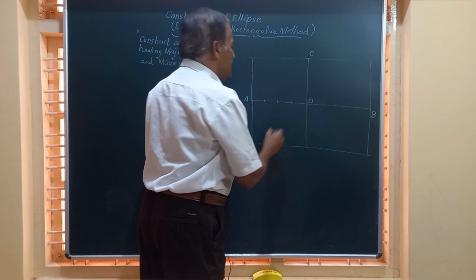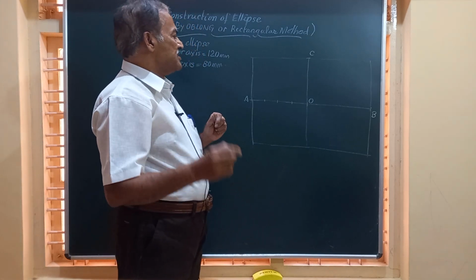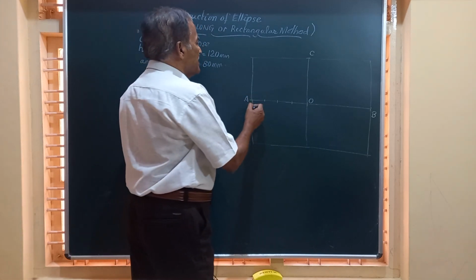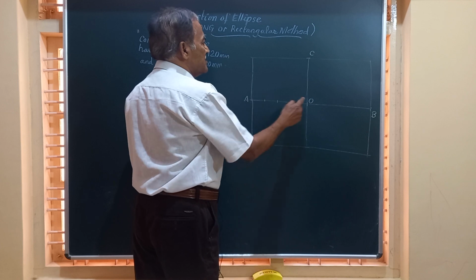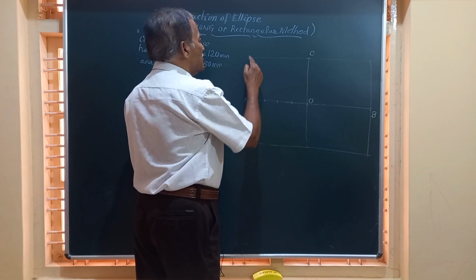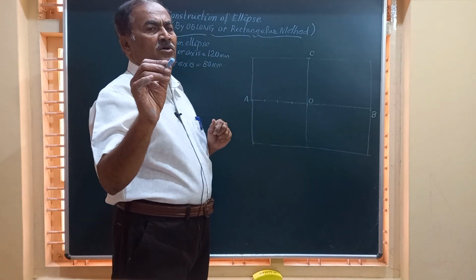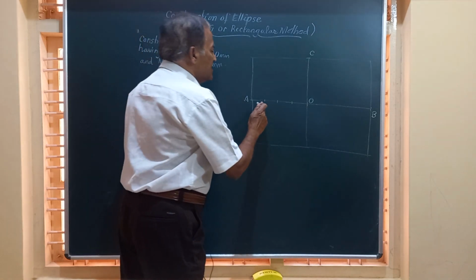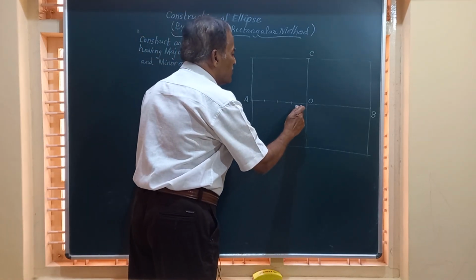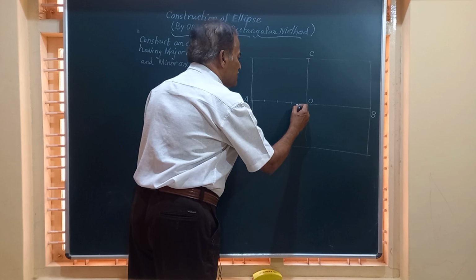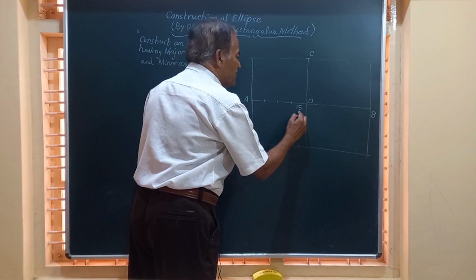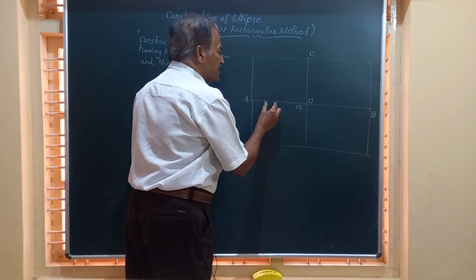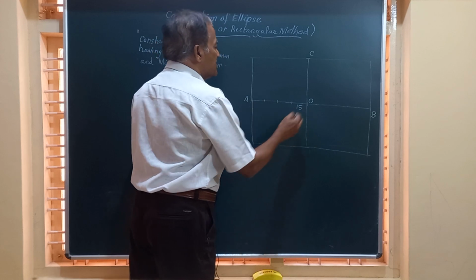Please listen carefully, be patient. And similarly here, the vertical axis, that is O to C, has a dimension of 40 millimeters. Since you have divided this into 4 equal parts, each measuring 15 mm, 15 plus 15 plus 15 plus 15, this is 60.